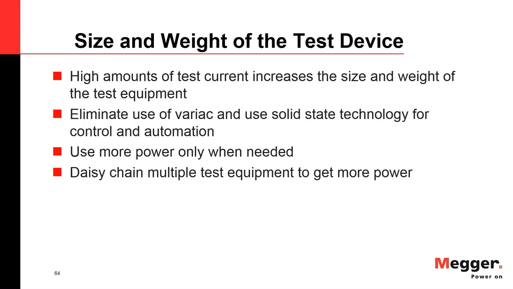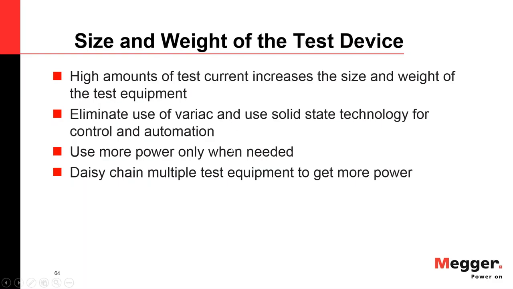And of course, size and weight of the test device are critical. Transformers, especially for higher currents, get very big, very heavy. The variacs have to be sized accordingly. So if you use the classic approach, the testers can be very large and very heavy.